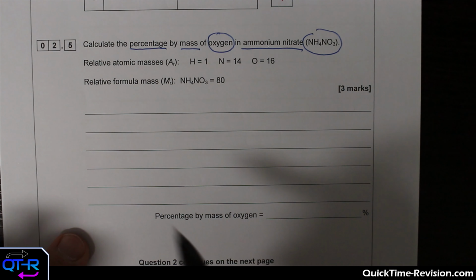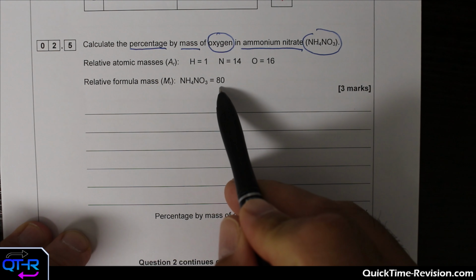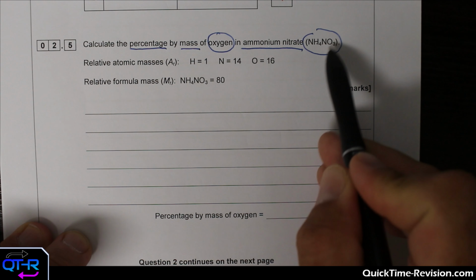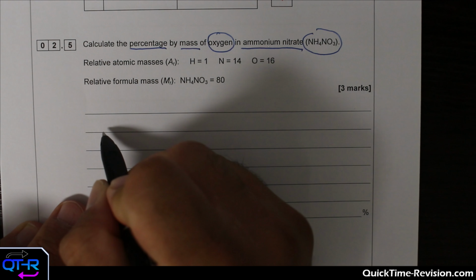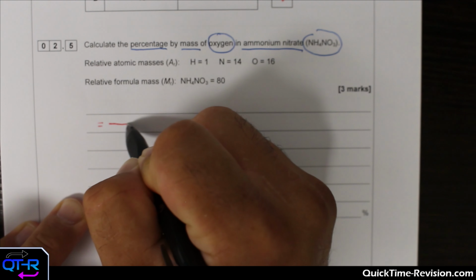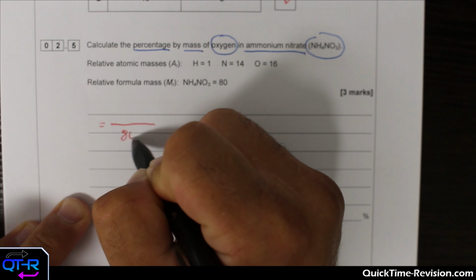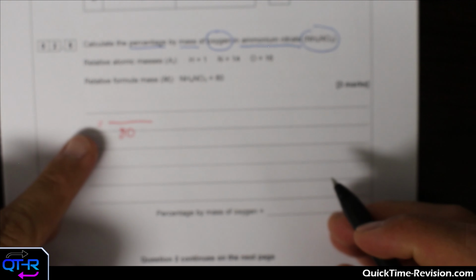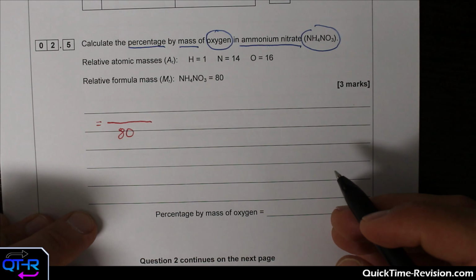Okay, so I know that the total amount has to be 80 because that's the total amount of that. That's the big number. So I'm going to have 80 at the bottom, and at the top I'm only going to do oxygen.